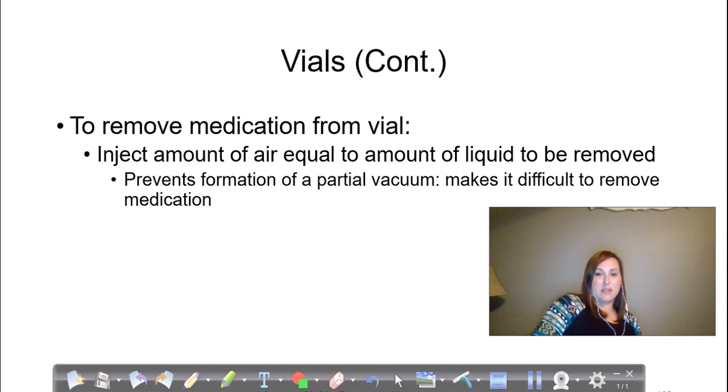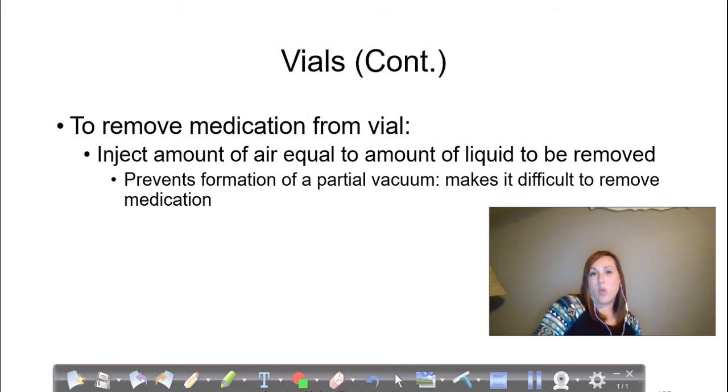So you want to inject 1 ml of air into the vial, and then you would inject 1 ml of fluid, if that's the amount of medication that you need.